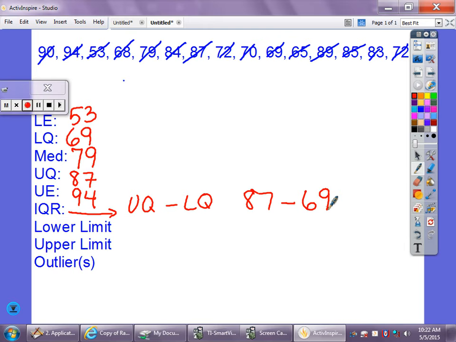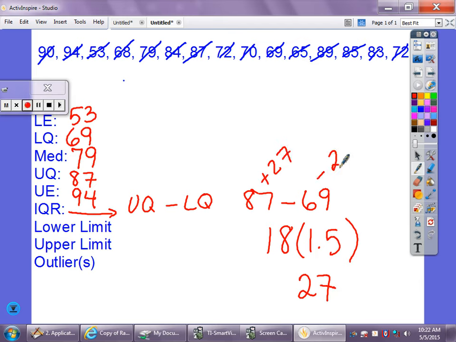I am then going to take 18 and multiply it by 1.5, which gives me 27. I'm going to use that number to help me with my lower limit and my upper limit. So I'm going to add 27 to my upper quartile and subtract it from my lower quartile. So 87 plus 27 is 114, and 69 minus 27 is 42.